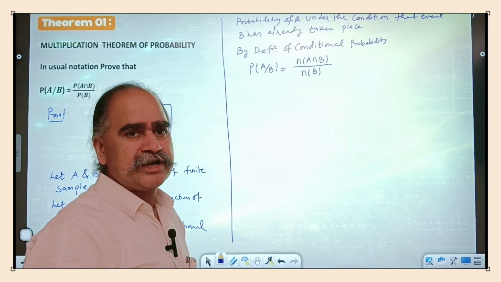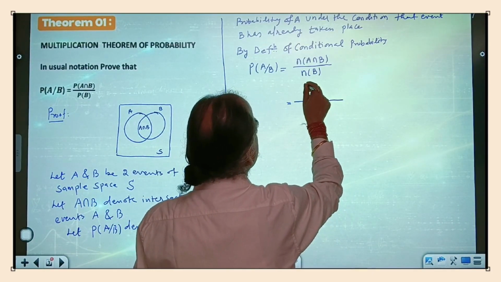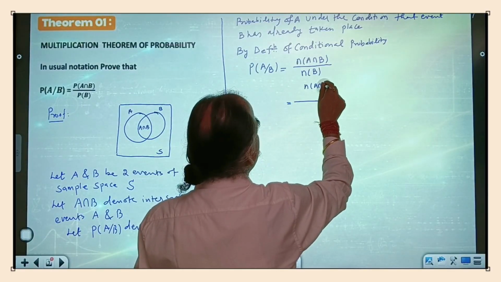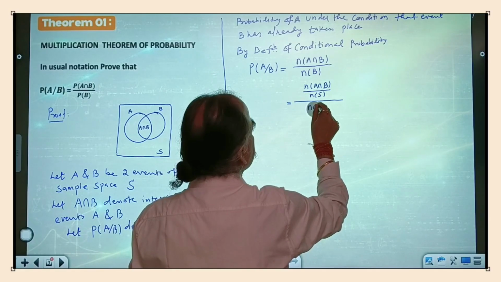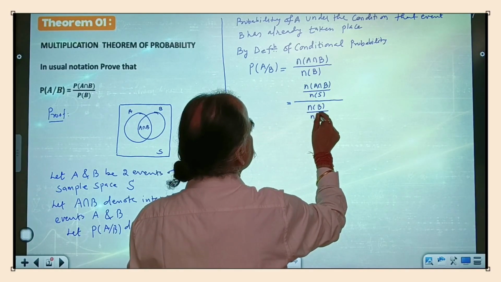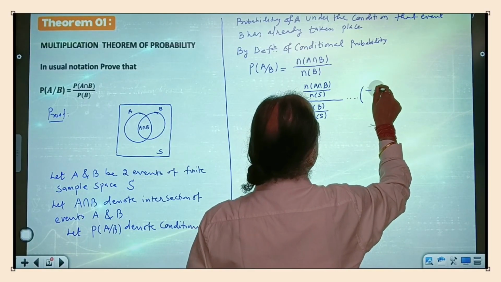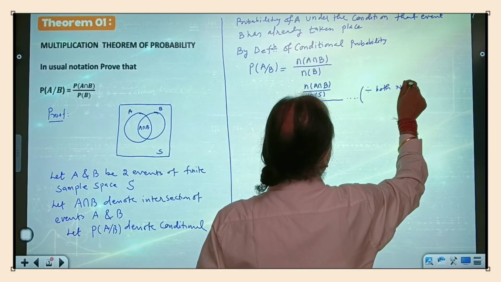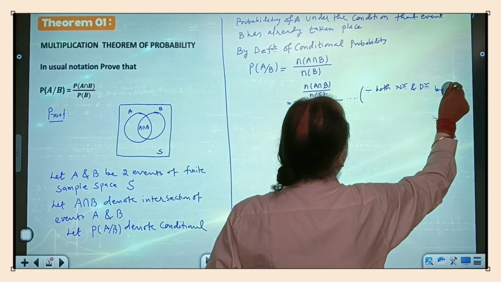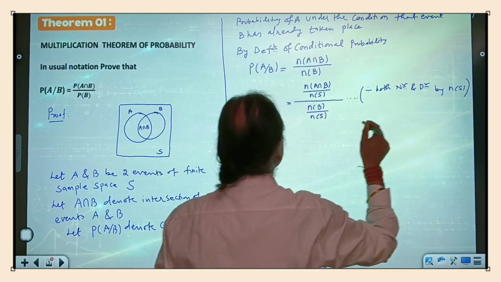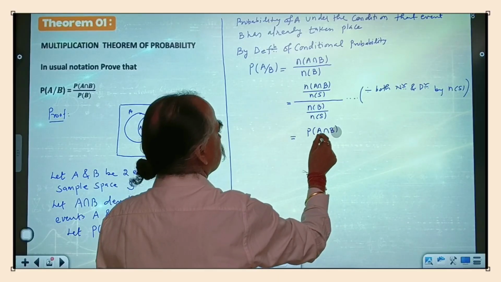Divide both numerator and denominator by N(S): N(A intersection B) upon N(S) divided by N(B) upon N(S). Now numerator will become P(A intersection B) upon P(B).